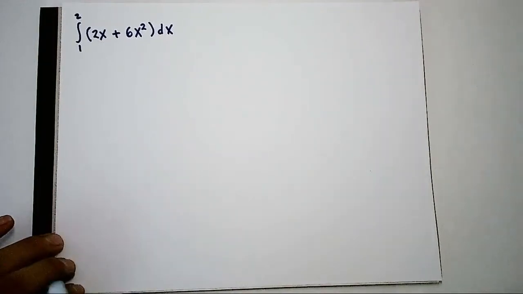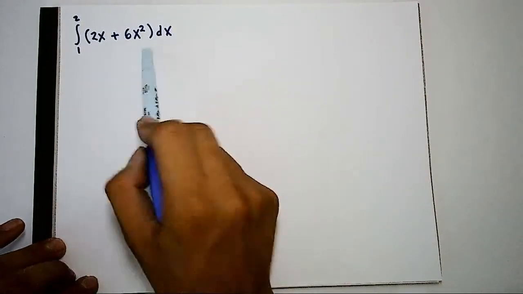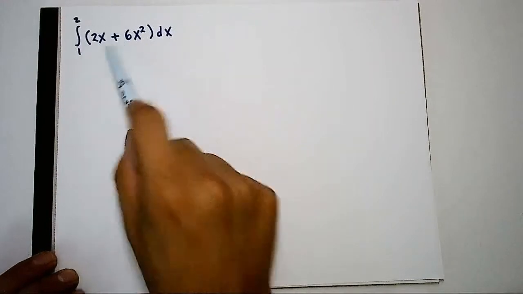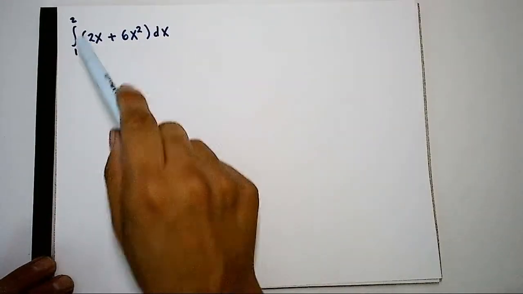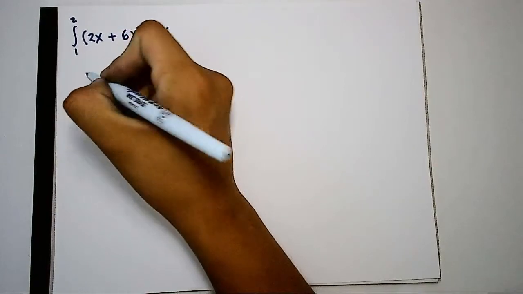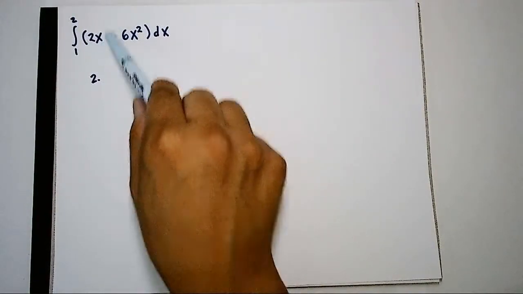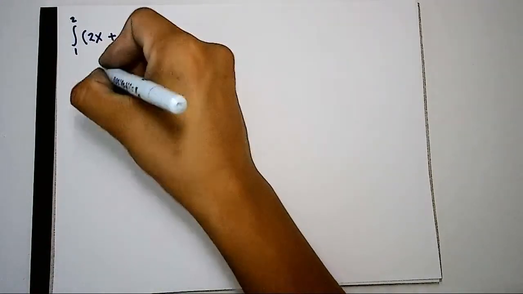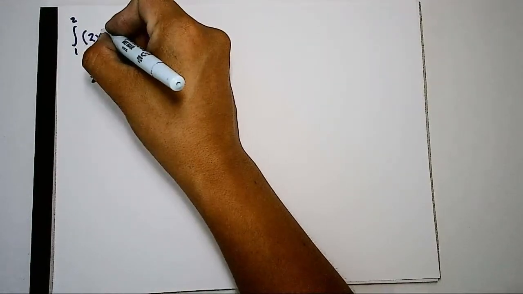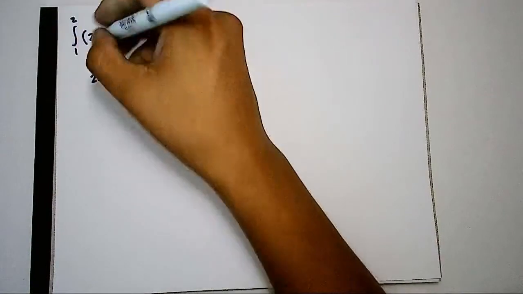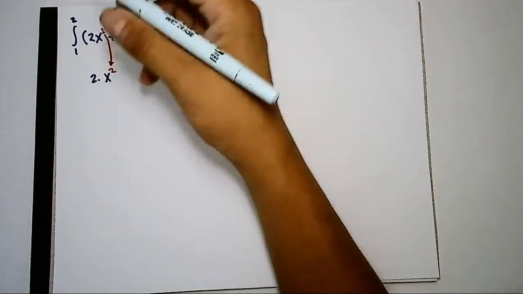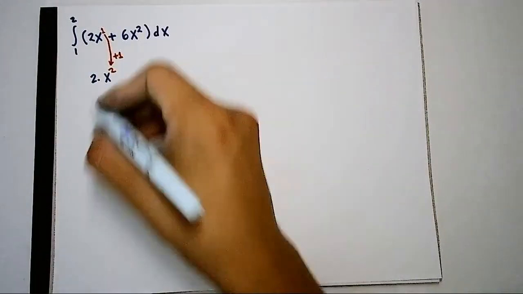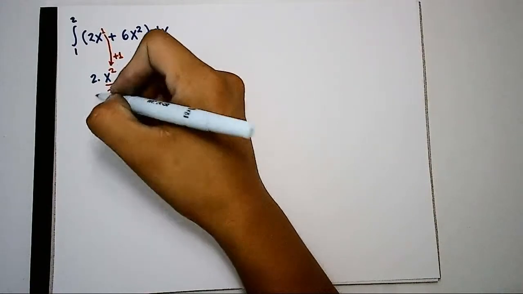Let's compute the integral of these two terms. The integration of the first term is the following. Here 2 is the constant times the variable part, which is x, and the integral of x is x squared, because here the exponent is 1, and when we integrate we add one more unit to the exponent, divided by 2.